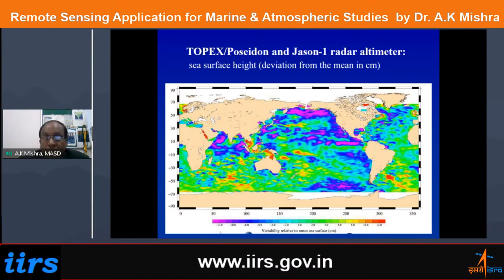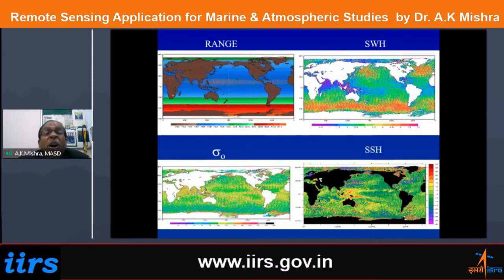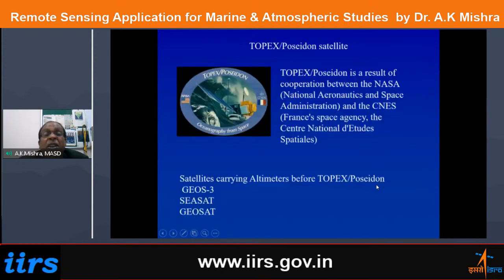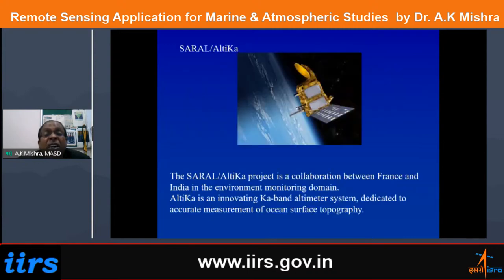So there are many altimeters present in different satellites which give you range, sea surface height, and the normalized backscattering coefficient. I am not going through these in detail. There are GEOS, SEASAT, GeoSat earlier having the altimeter in their payload, and now SARAL-AltiKa.